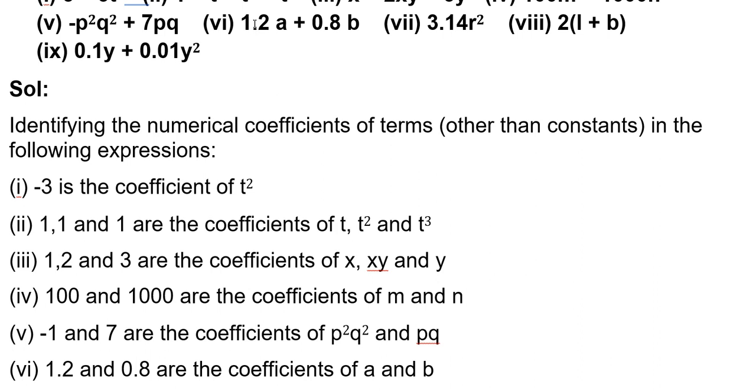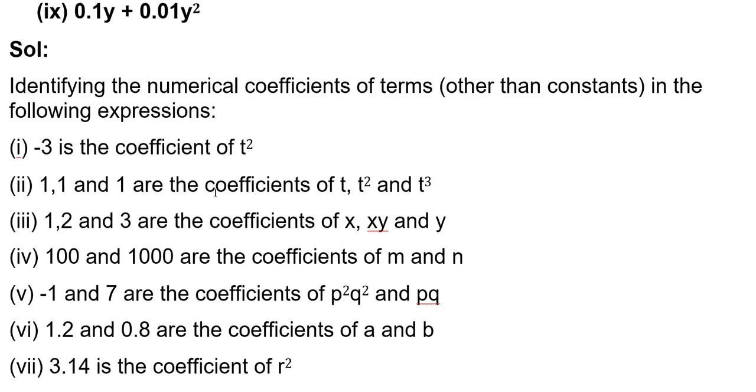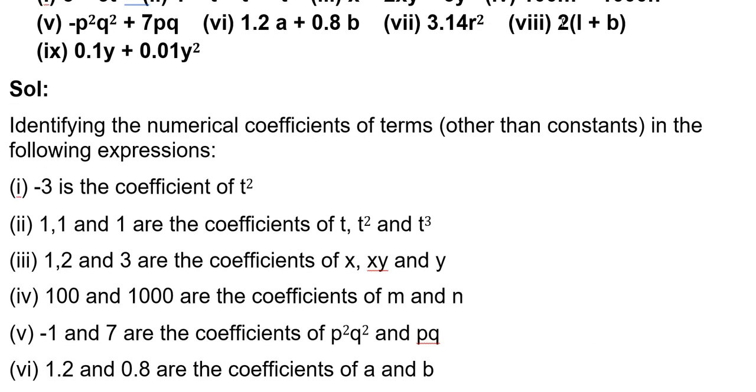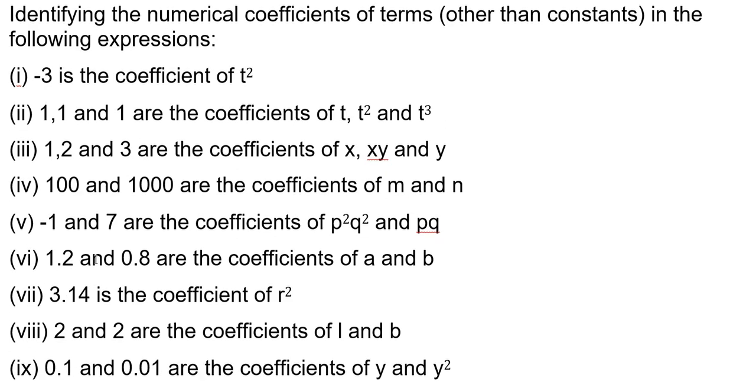Sixth problem: 1.2a plus 0.8b. So 1.2 and 0.8 are the coefficients of a and b. Next, minus 3.4 ... 3.14 r square: 3.14 is the coefficient of r square. 2 and 2 are the coefficients of L and B. This is 2 into L plus B, which is 2L plus 2B.